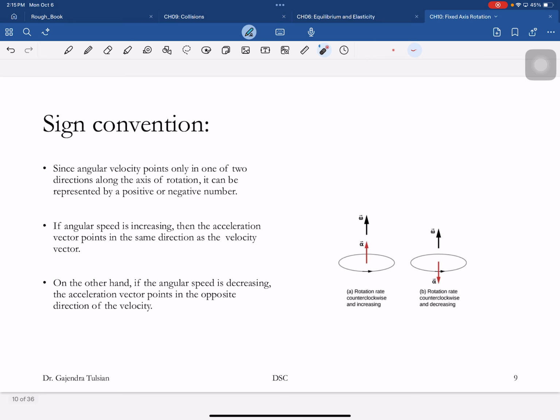So let's do the following. Again, you want to look back at 1D motion. Everything we are doing here has a parallel in one-dimensional motion.